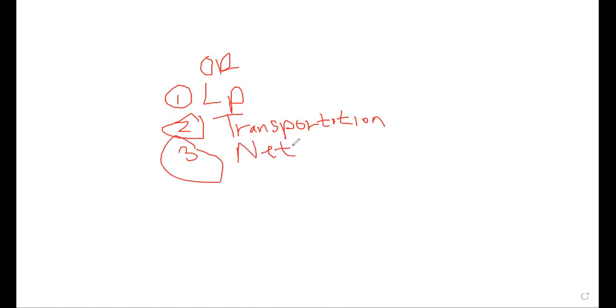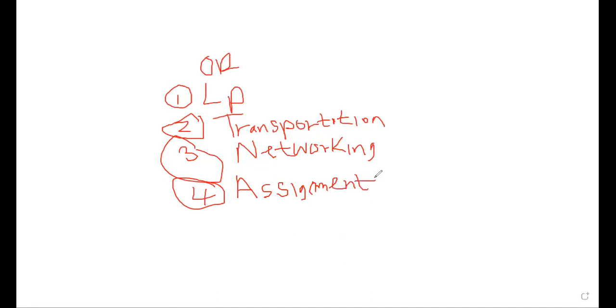Then the other topic that we have in operation research is assignment problems.